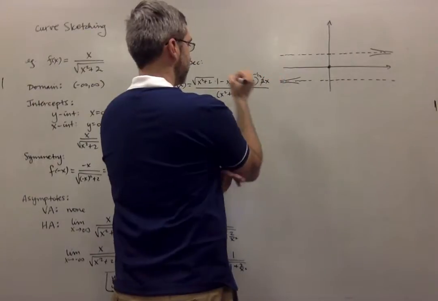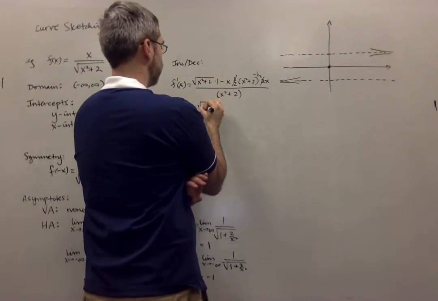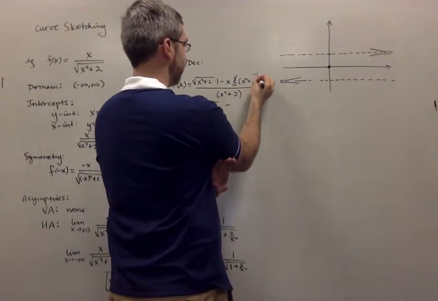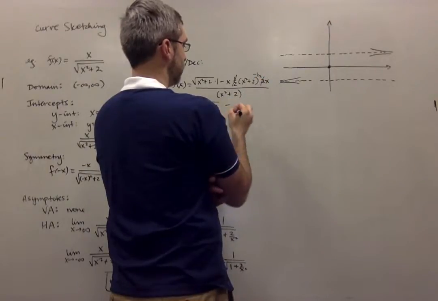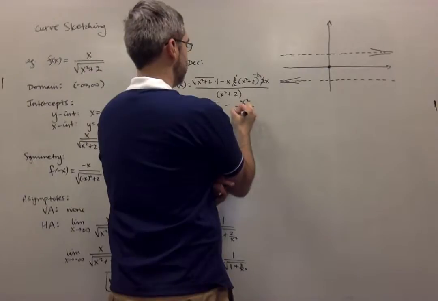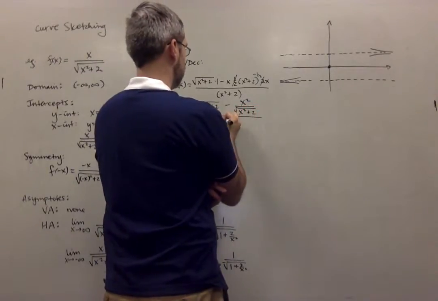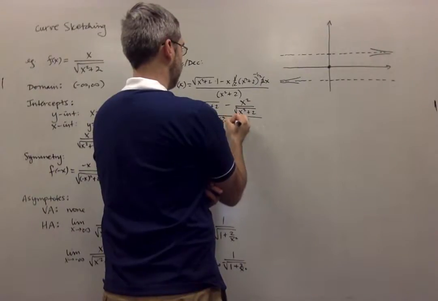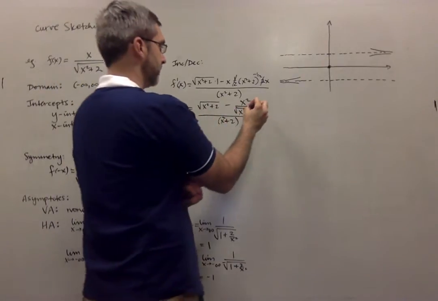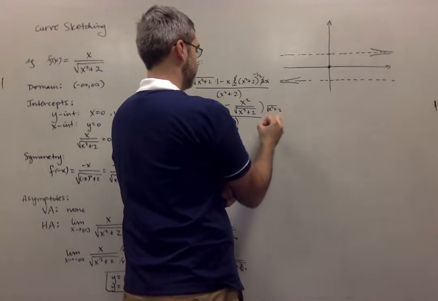The 1/2 and the 2 are going to cancel. All right, I've got a square root there, and here I've got a minus, I've got a fraction because of that negative 1/2. So I've got an x squared on the top, and then the square root of x squared plus 2 on the bottom. Now I don't like having fractions in fractions, so I'm going to multiply through by root x squared plus 2.